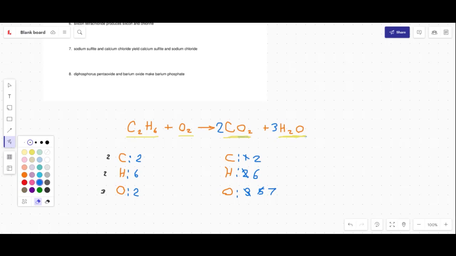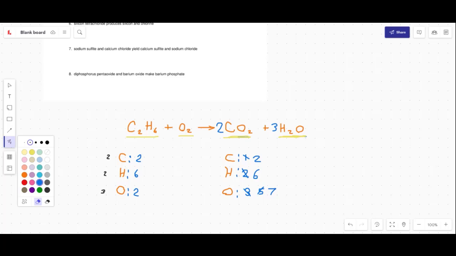So if you have oxygen on the right-hand side of 7 and oxygen on the left-hand side of 2, which side has the odd number of oxygen? It's the right-hand side, the 7. And which compound is causing the number of oxygens to be odd? The CO2 or the H2O?